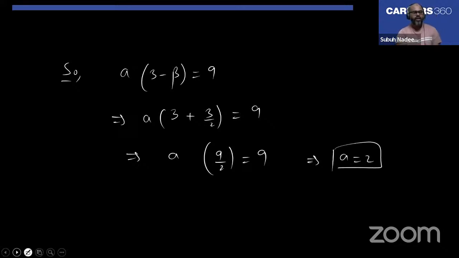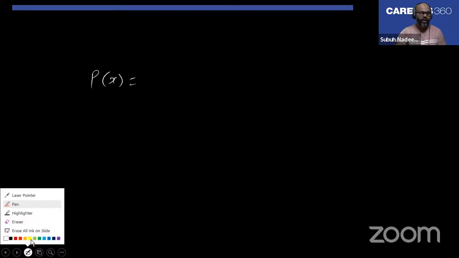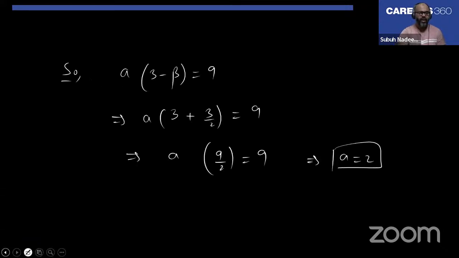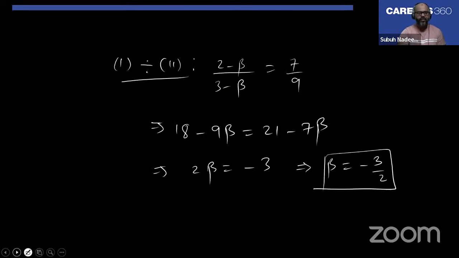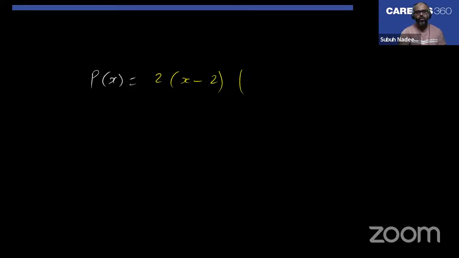So we are getting a is equal to 2. So the polynomial Px is equal to a, what is a? 2, into x minus alpha, it was already 2, and beta is minus 3/2, so x plus 3/2 it will become.